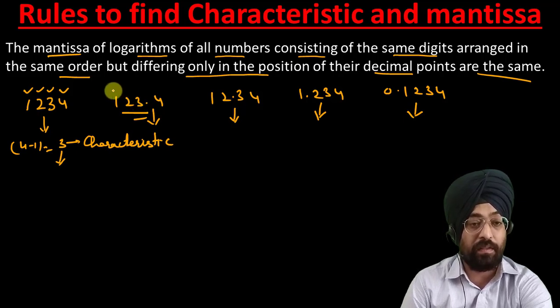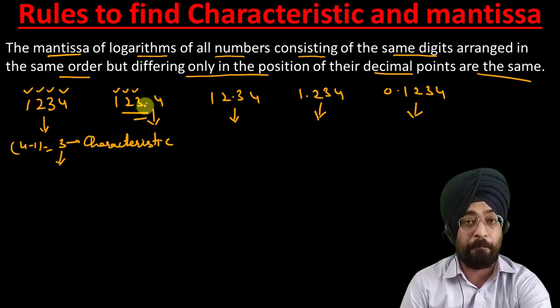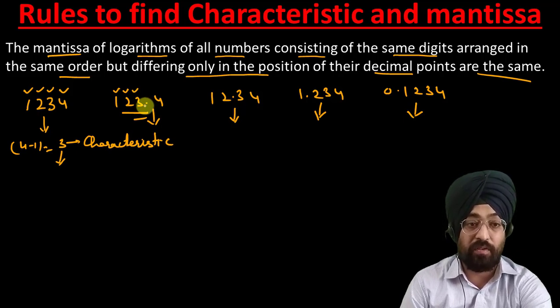This has 1 2 3. So when we have to find the characteristic, we have to consider only those digits which are before the decimal. It is 123.4, so it has 3 digits, so its characteristic will be 3 minus 1, 2.